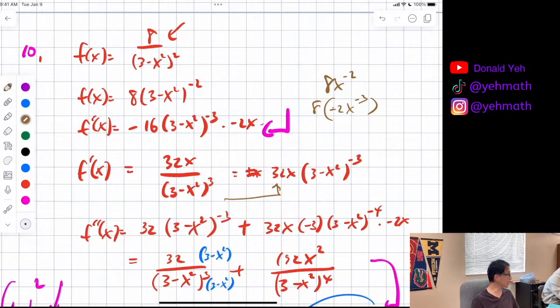But if you do product rule, the derivative of 8 is 0 anyway, so that whole term goes away. It still comes down to a chain rule rather than product rule. Now if it's an 8x, then it's a product rule. An 8 is a chain rule.